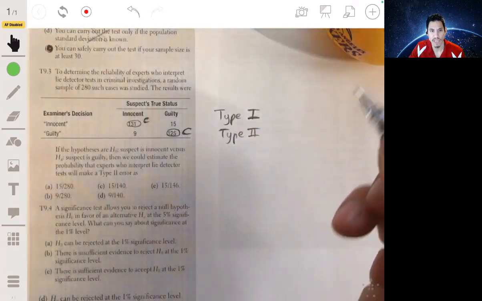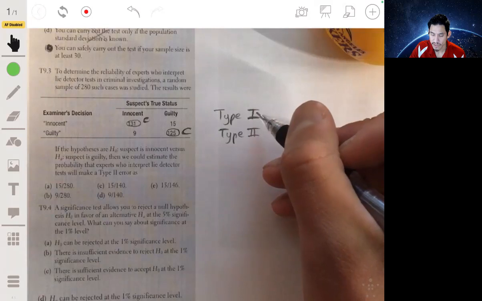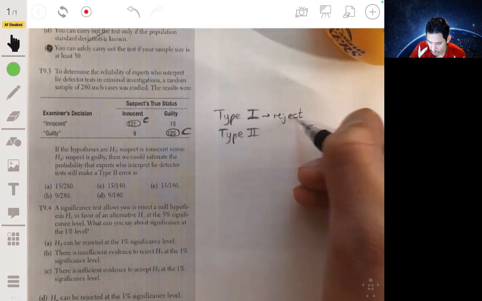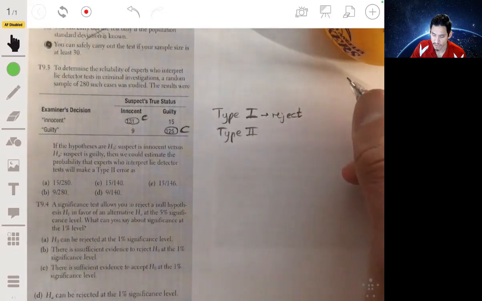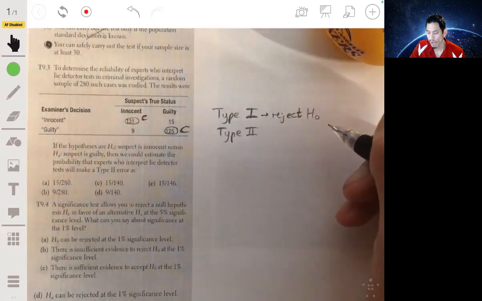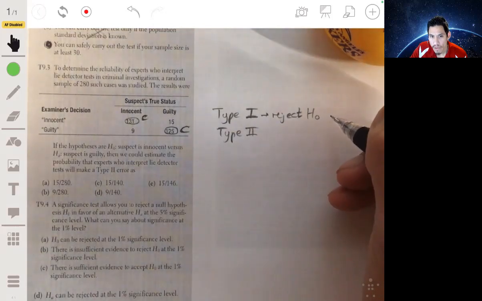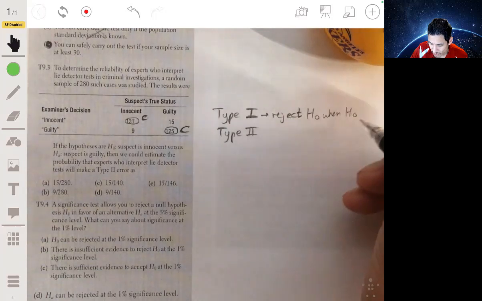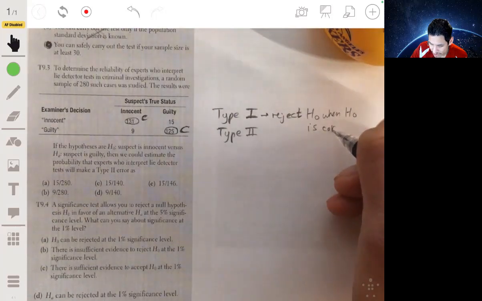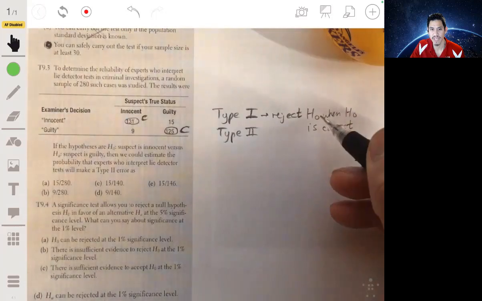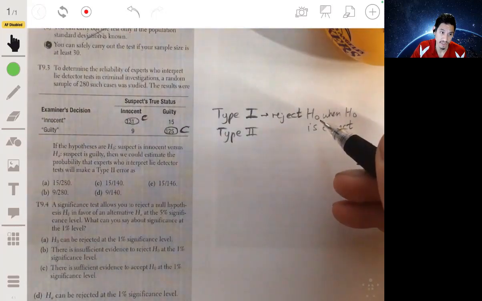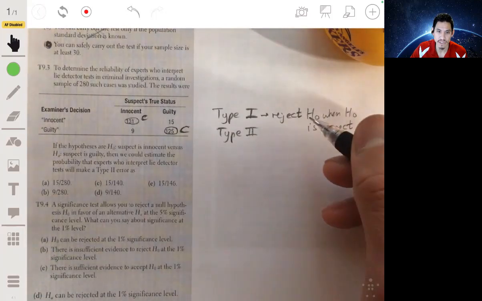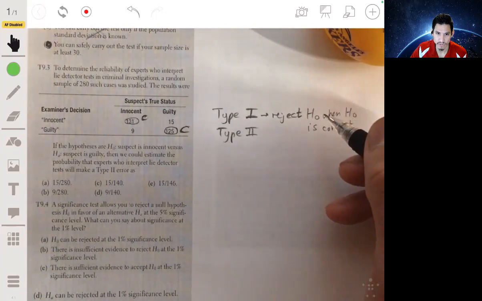So if you remember, a type 1 error is when you reject H0, the null hypothesis, when H0 is true, when H0 is correct. Because it wouldn't be a mistake if you rejected it and it were not true. It's only a mistake if you reject H0 when it's actually true.